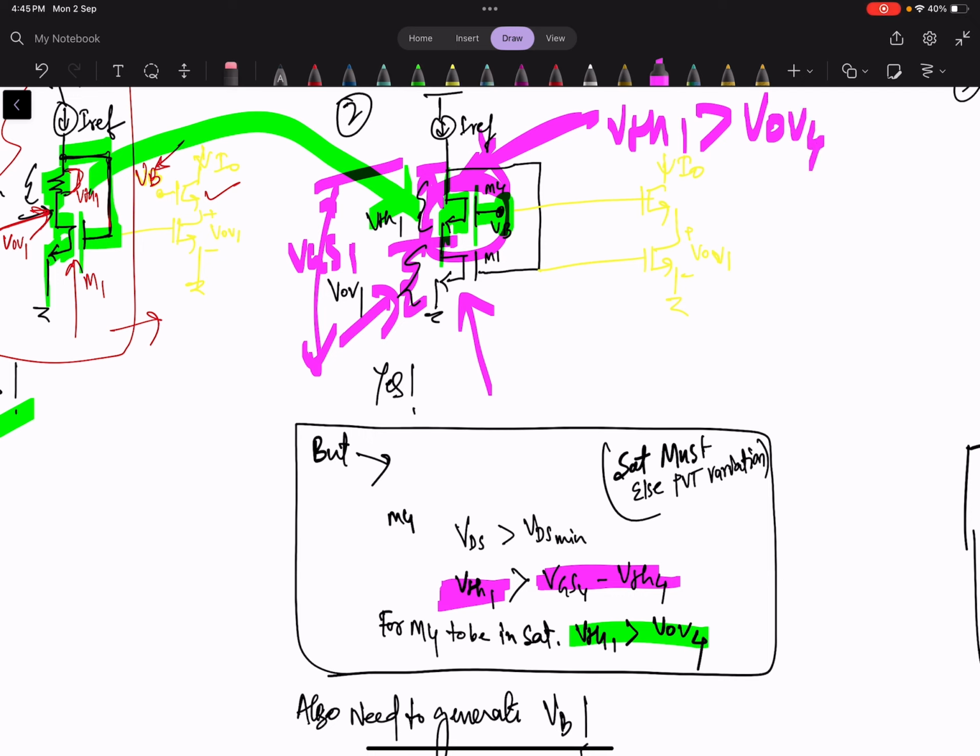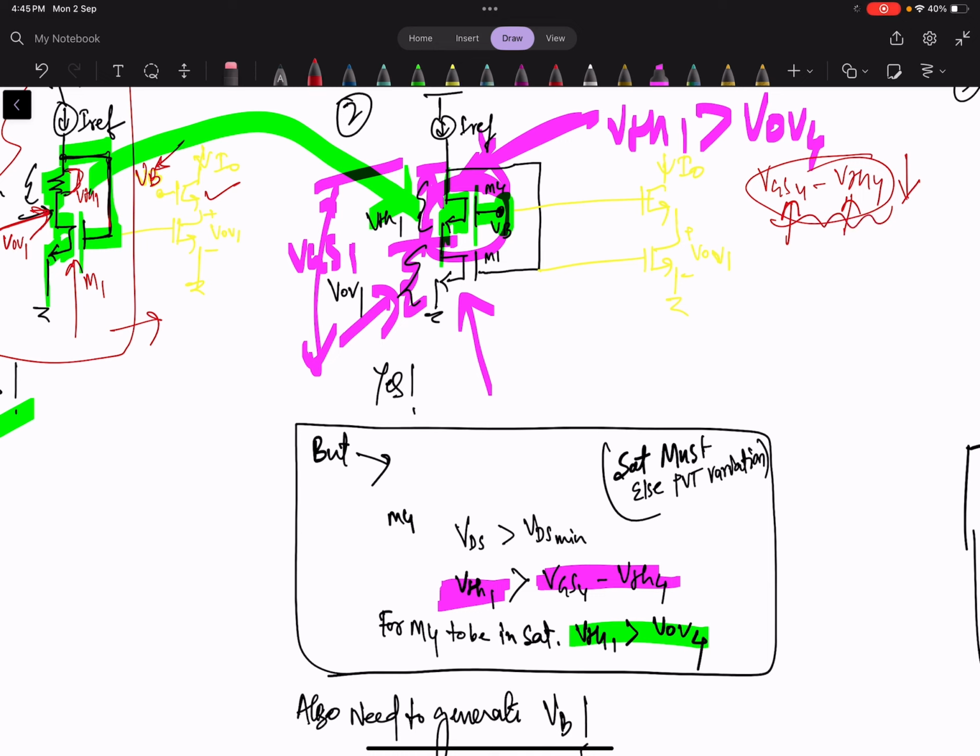What does it mean? It means that the difference VGS4 minus VTH4 should be small. And how should this difference be small? By making VGS and VTH closer.